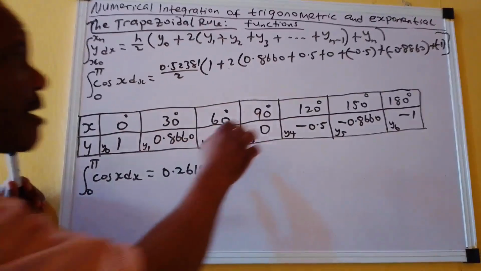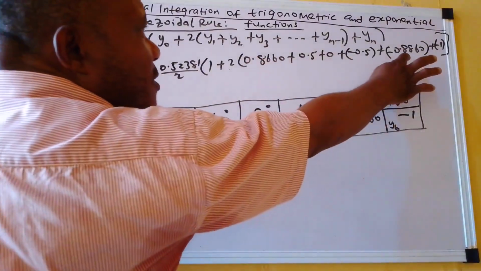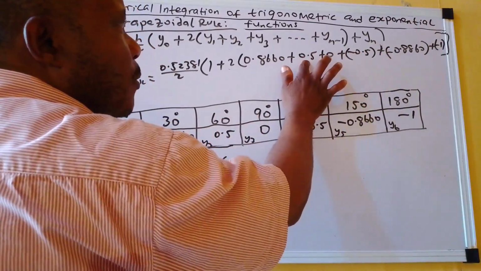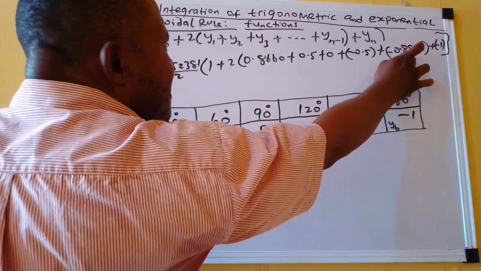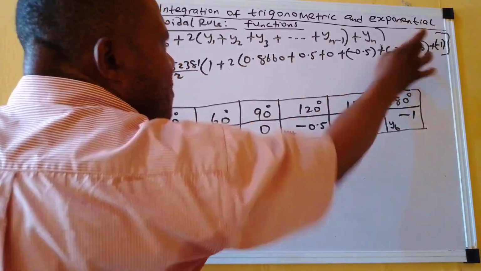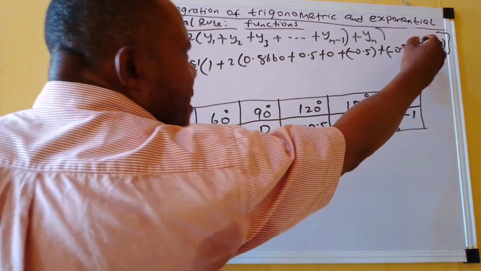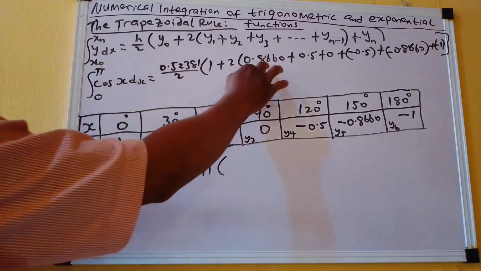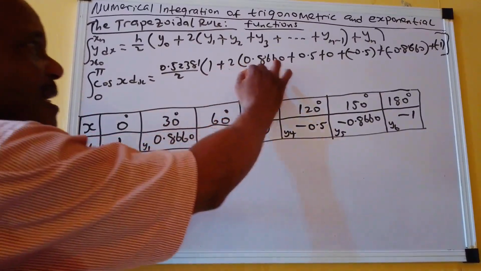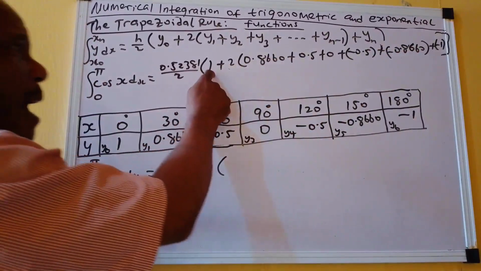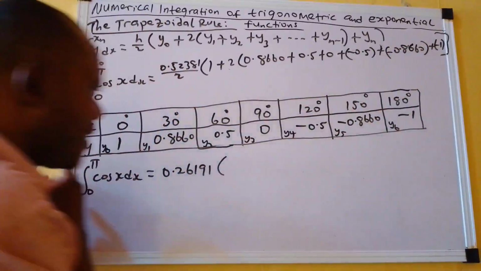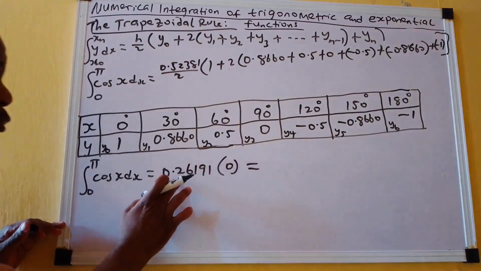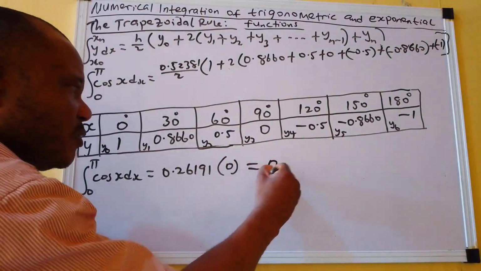When you add, look at it, this minus 0.5 will cancel out, minus 0.8660 we cancel this. Then of course everything inside will be 0, then 1 minus 1 will be 0. So again everything in the bracket is 0, and this times 0 will give you 0.